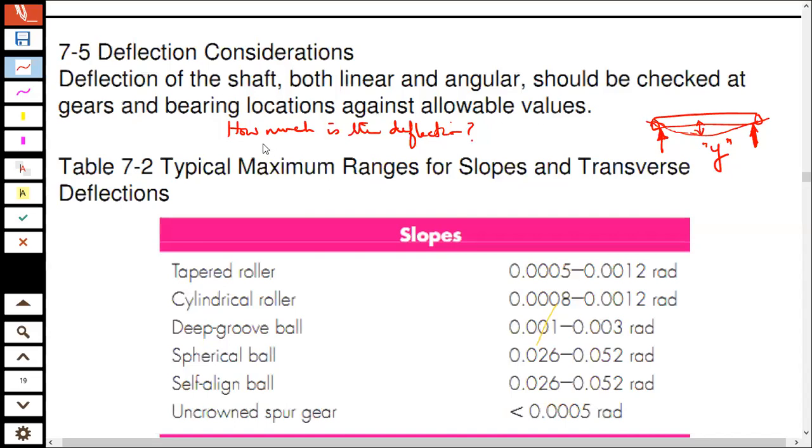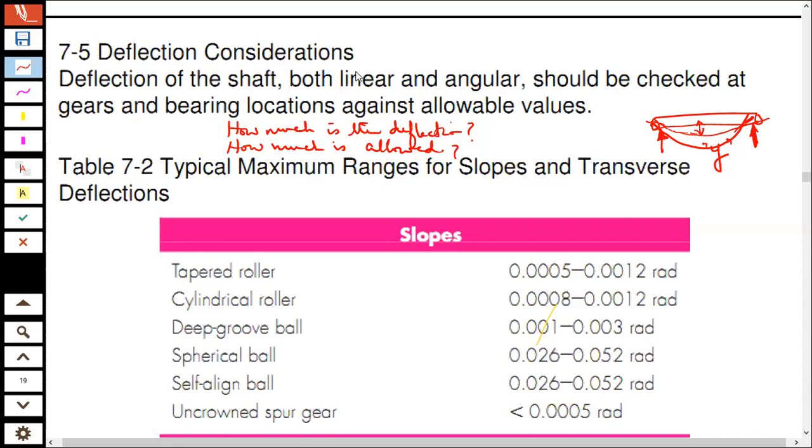And how much is this deflection and how much is allowed? What if this shaft bends like this? Is it going to work? No. If it is out of the limit, it is not going to work. Therefore, we need to check the deflection in the shaft.